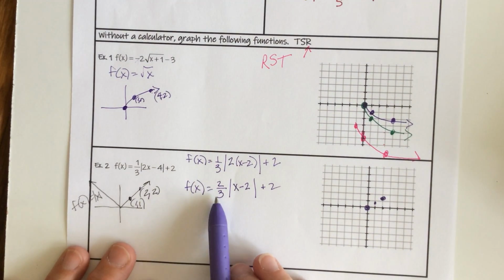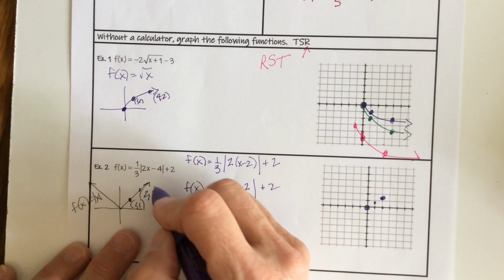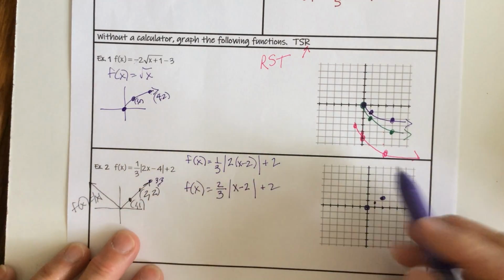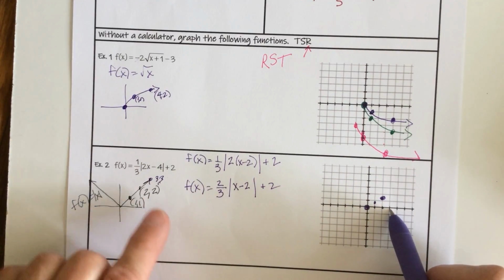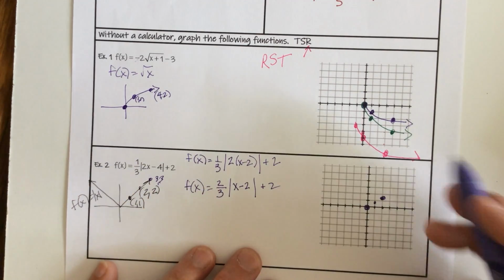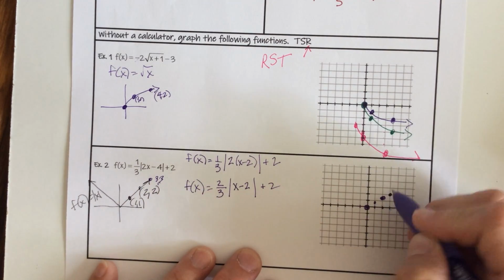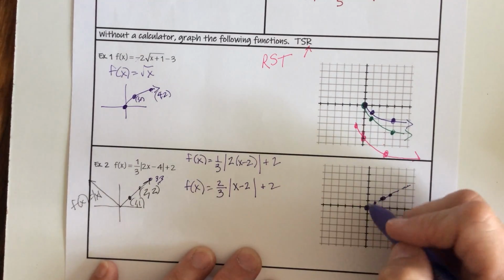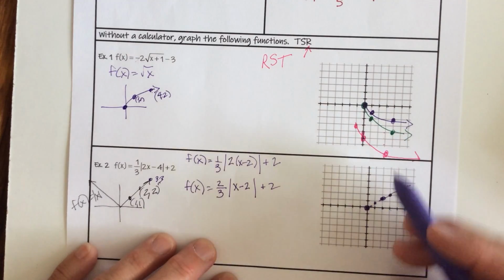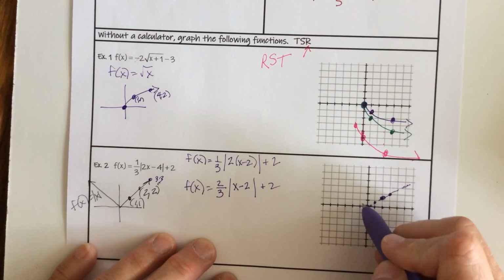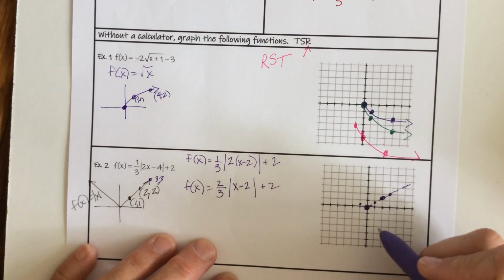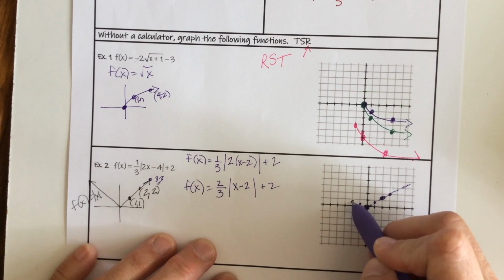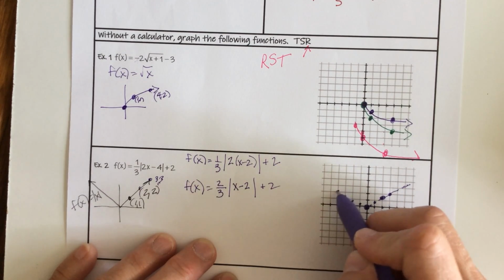And then if I wanted to do 3, 3, I would go over 3. 3 times 2/3 is going to be 2. So I've got this piece going on. And because of the symmetry, I would have a point here, a point here, a point here, and then a point here.